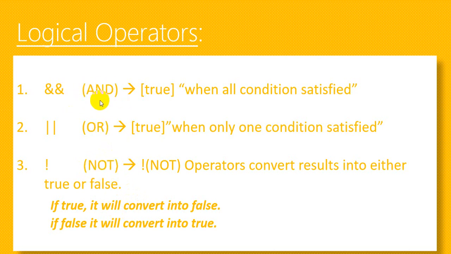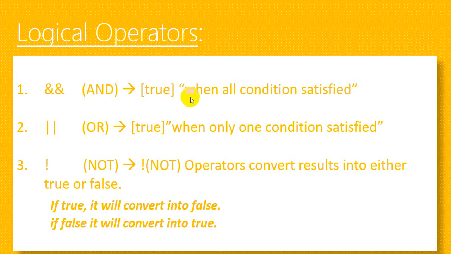Now we are moving towards the AND operator. AND is mostly used for combining two or more conditions. In the same way as in the English language, where AND is a conjunction used to connect two words or more than two words, in logical operations the ampersand symbol is used to combine two different conditions.